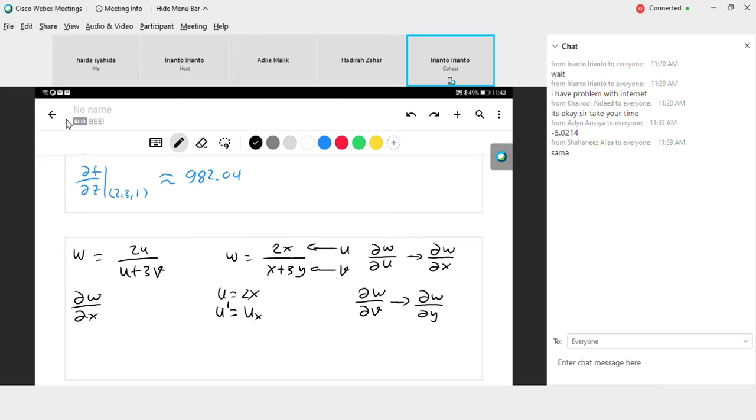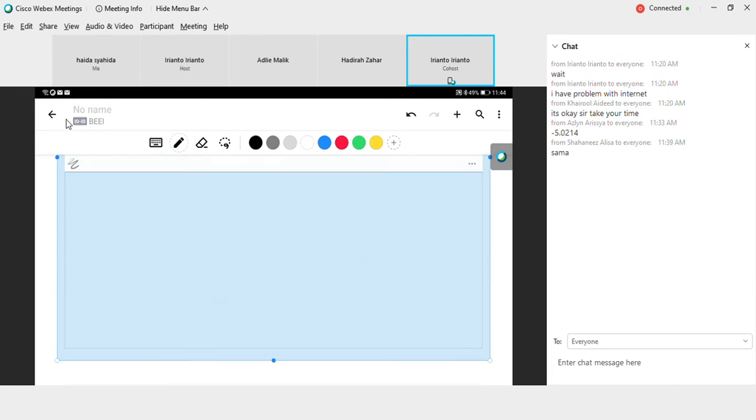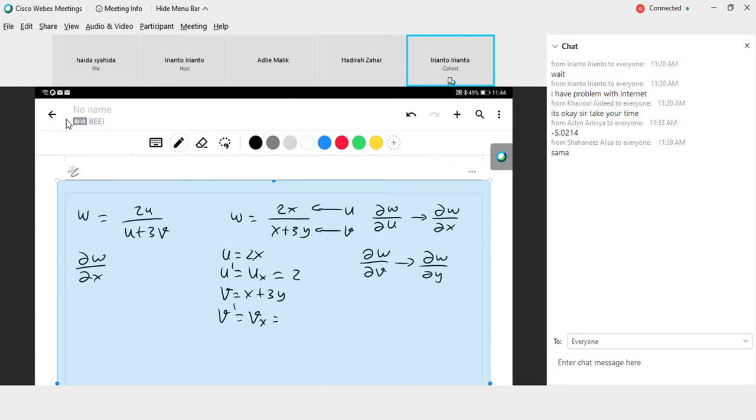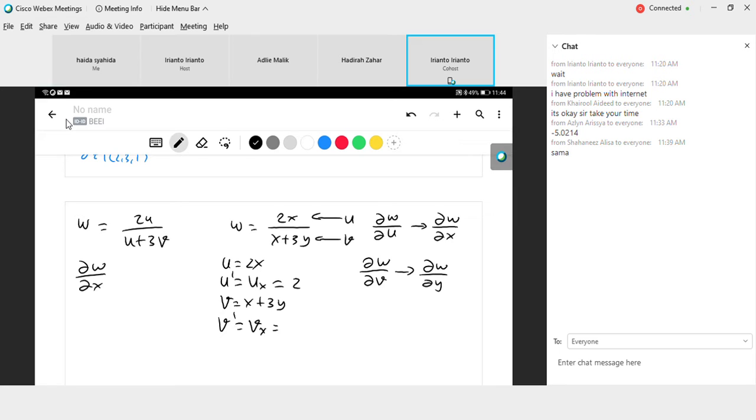So u prime will be 2. v equals x plus 3y. V prime for this case, again v with respect to x, equals 1. The 3y, sorry, is considered as a constant, so the derivative is just 1 only.